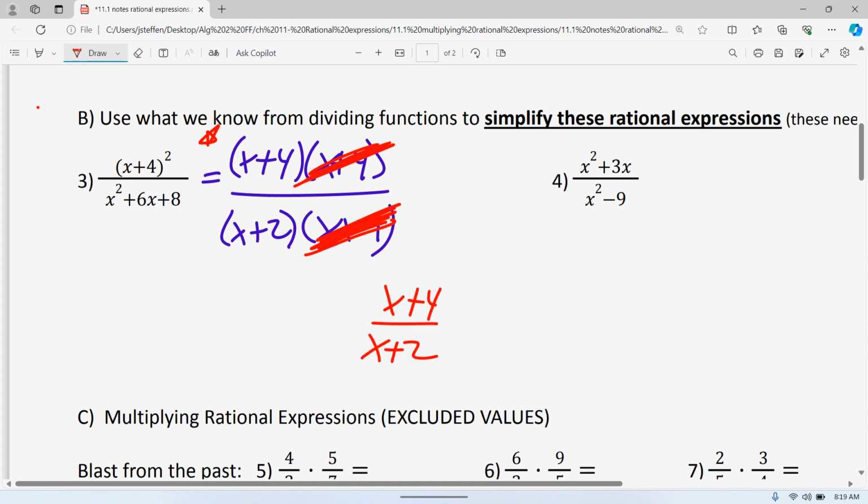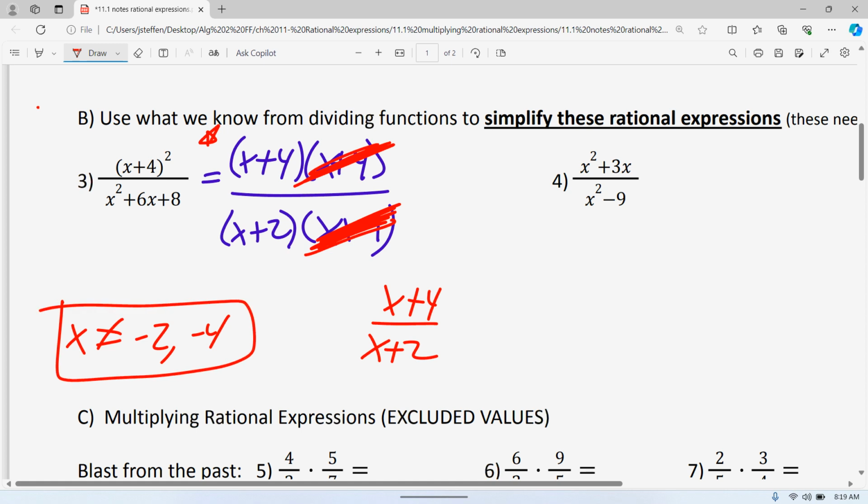But again, try to remember your excluded values. X cannot equal -2, -4. Again, it's the sweet spot after you factor, before you cancel. Now, per usual, don't lose any sleep over that. If you're struggling to get a 60%, maybe that's something that you're not going to have to beat your head against.